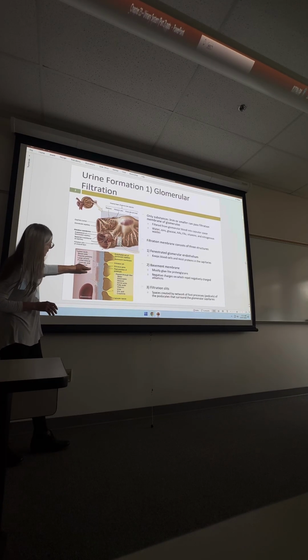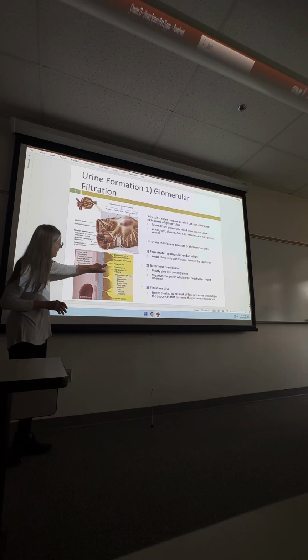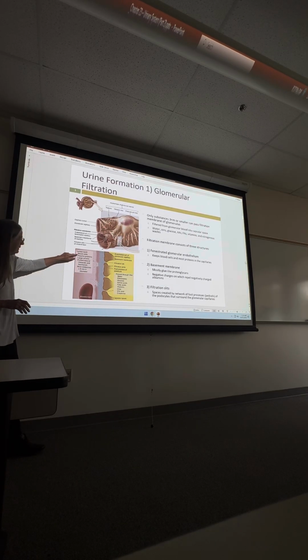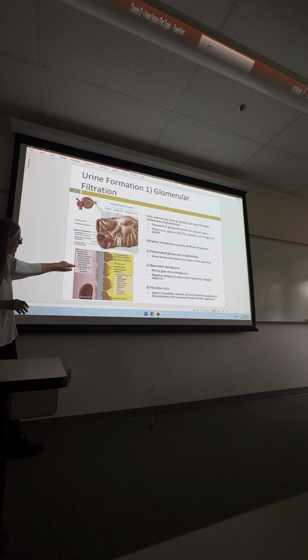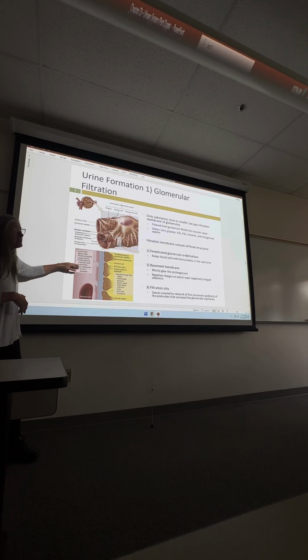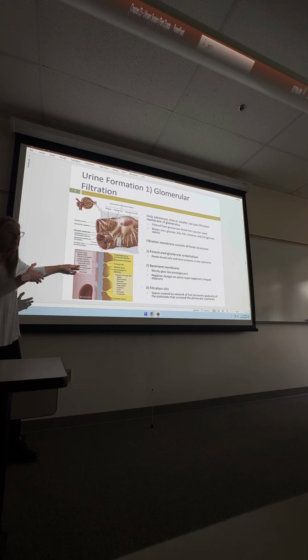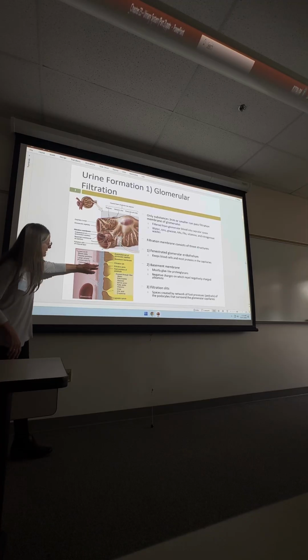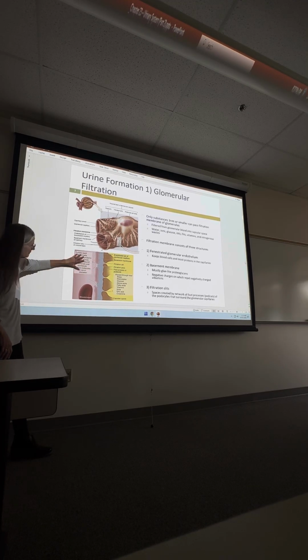And you can see here that certain things do not make it through the fenestrations, all these large things that we talked about, especially if you have something that's hooked onto a protein, like some of the hormones. Remember, you have to have a protein transporter because they're lipid soluble and they have to be carried in the blood by a protein. And so those things don't get through, they stay in the blood.